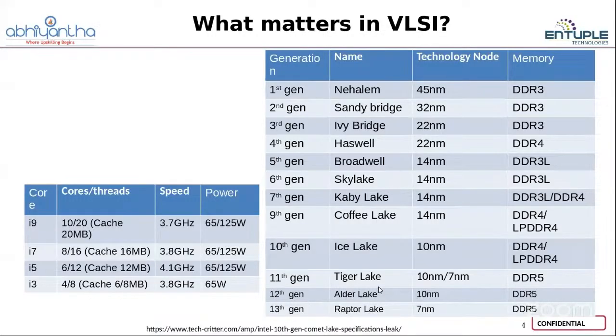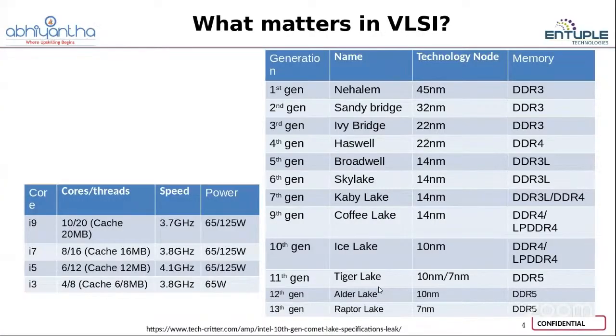The number of cores is increased to 8, and we also increase the cache memory to 16 MB. But here you can see that the frequency has been reduced from 4.1 to 3.8 GHz, a lower frequency. But the performance will be high, and the power also remains the same, 65 watts, maximum 125 we are using, right.